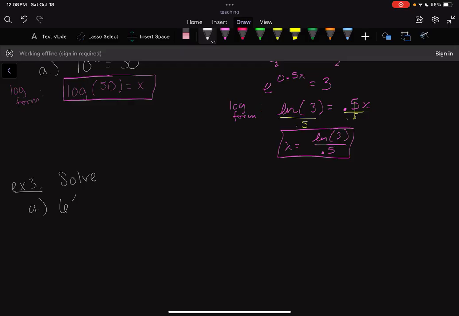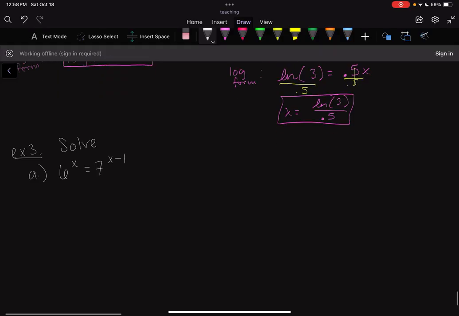So for our first one, we're going to do 6 to the power of x equals 7 to the power of x minus 1. And of course, we'll do another one. We'll do 3 to the power of 2x minus 1 equals 5 to the power of x.